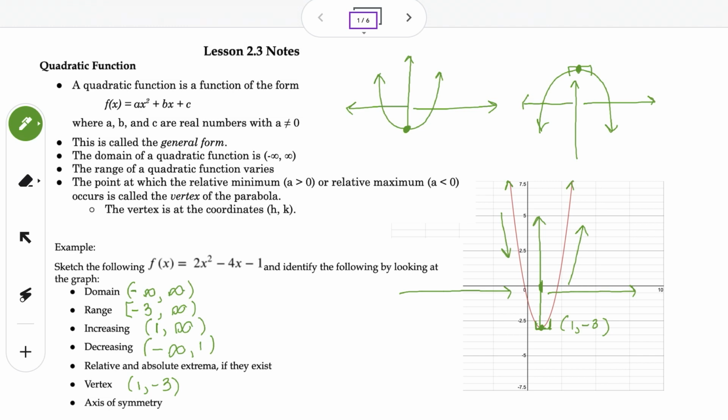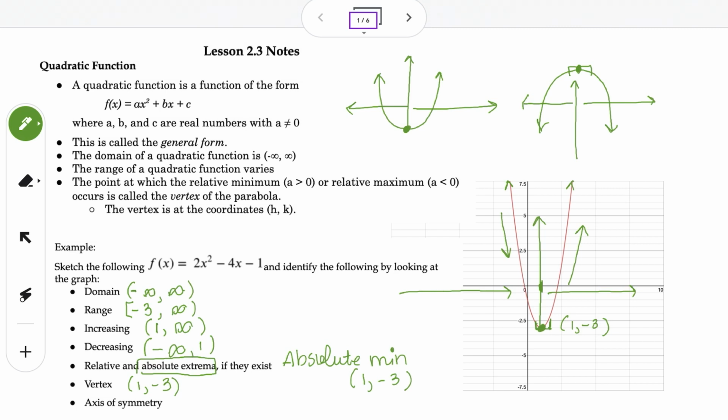What are the relative and absolute extrema if they exist? We do have an absolute extremum. We have an absolute minimum. We do not go any further than that vertex. So we have an absolute minimum at the vertex of 1, -3. And then also we have an axis of symmetry, right?